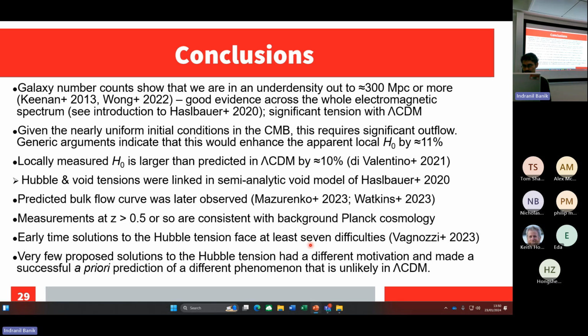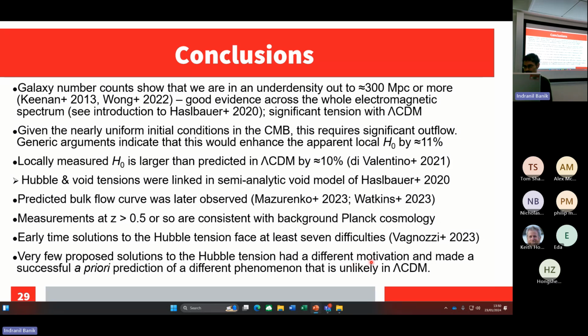And the last thing I want to explain is that lots of people have proposed various ideas for how the Hubble tension might be solved, but very few of them had a different sort of motivation. They weren't trying to solve the Hubble tension as such. Like in our case, we included the void because that's what you observe.